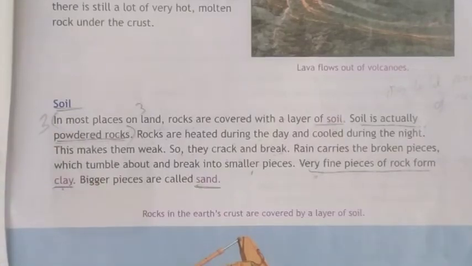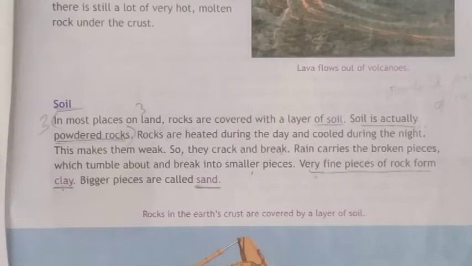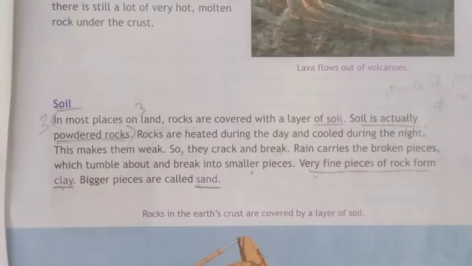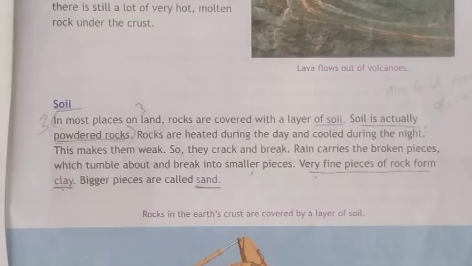How do rocks change into soil? During the heat of the day, the sun's heat makes them expand. During the night it cools, so rocks become weak, and they crack and break. Then the rain carries these broken pieces, and they are made into smaller pieces.